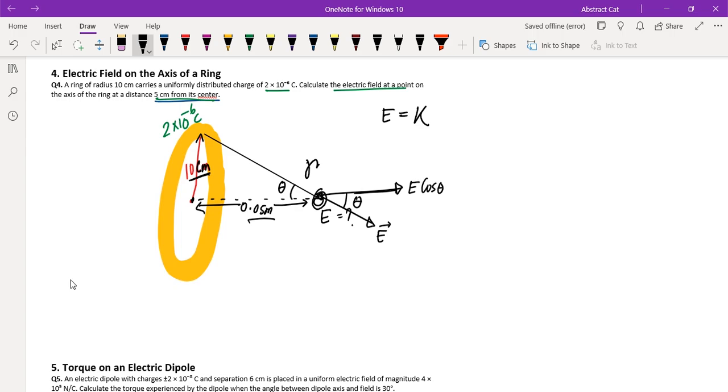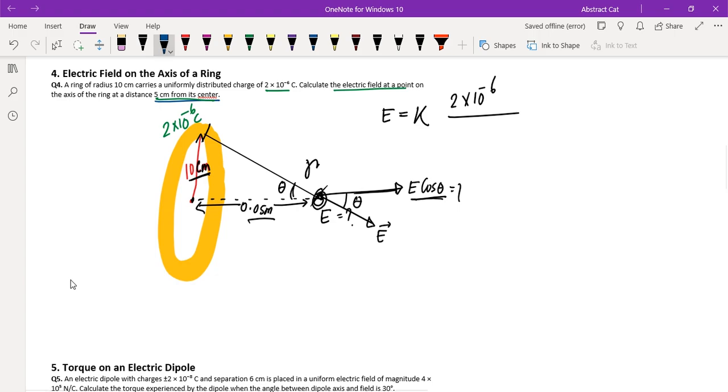So K, so that is solved this. This angle be theta. So Q given 2 into 10 to the power minus 6 over the distance from here to there.